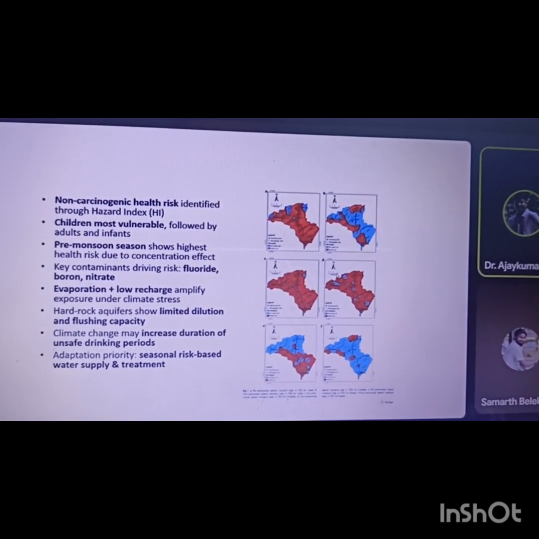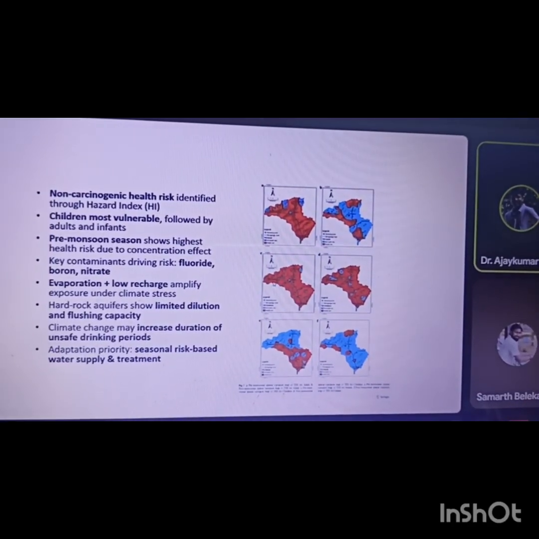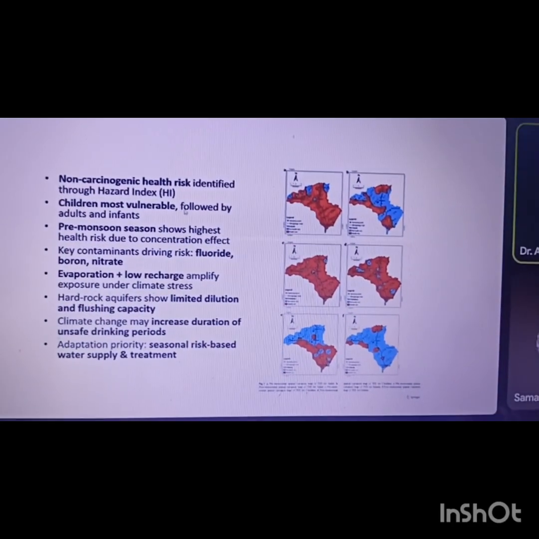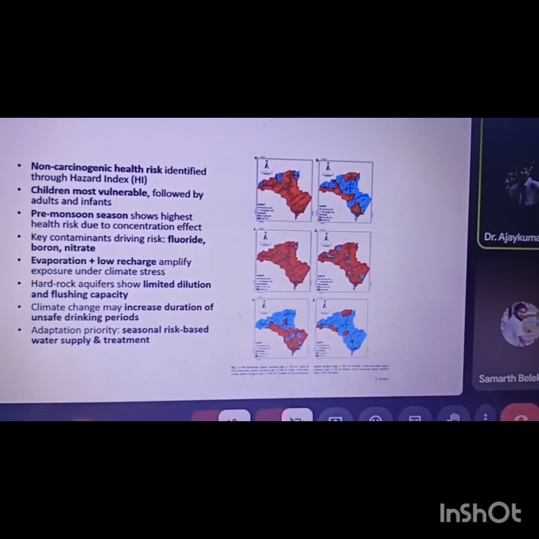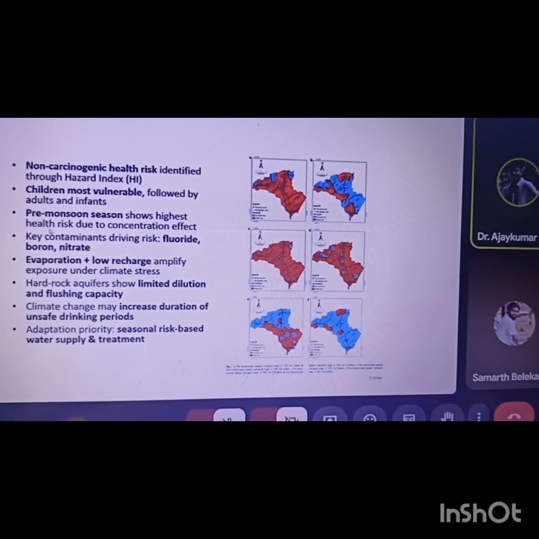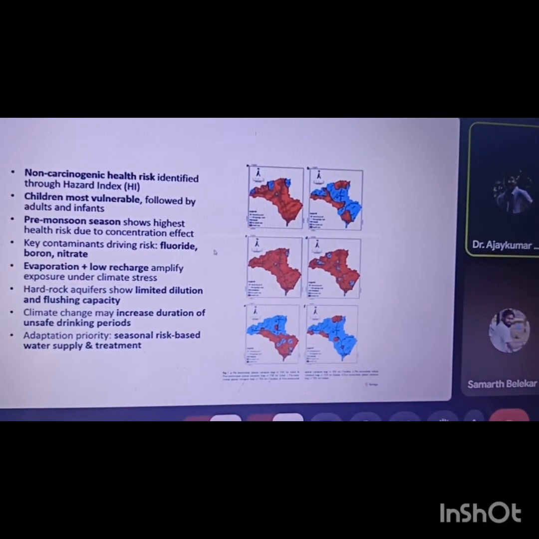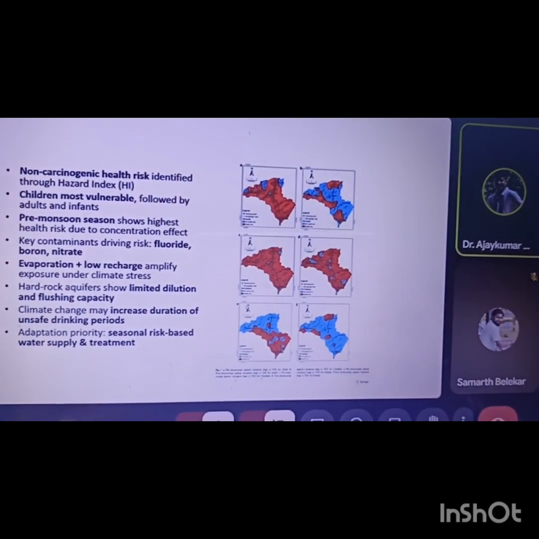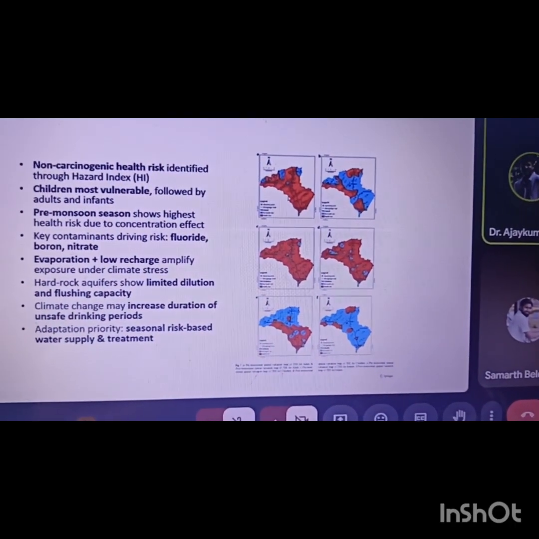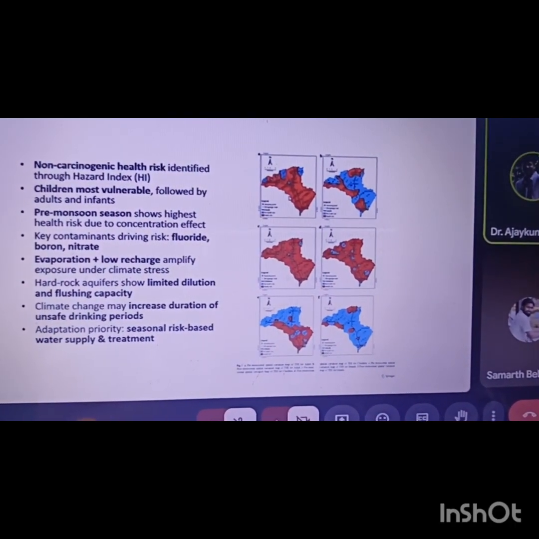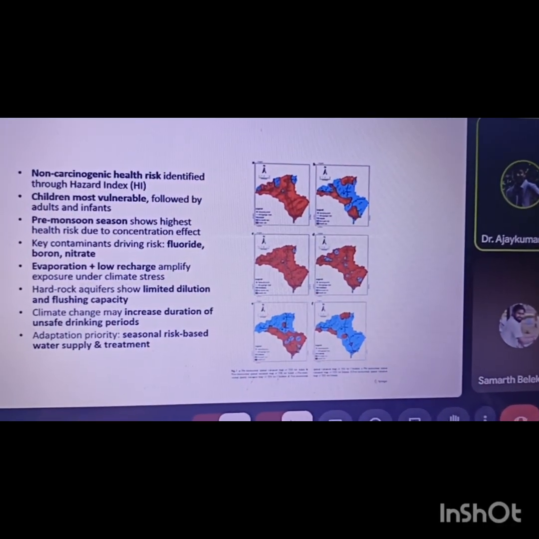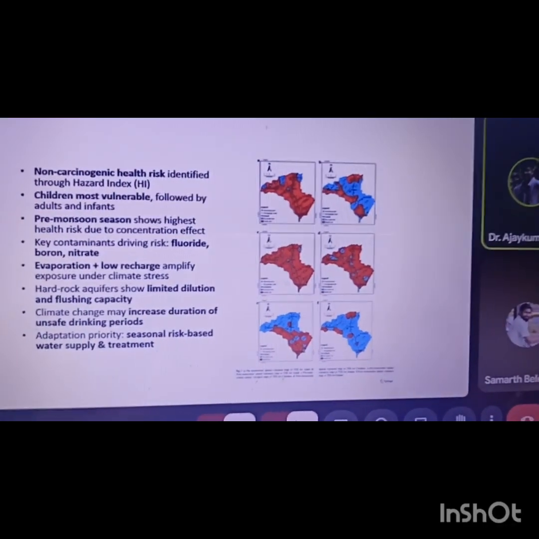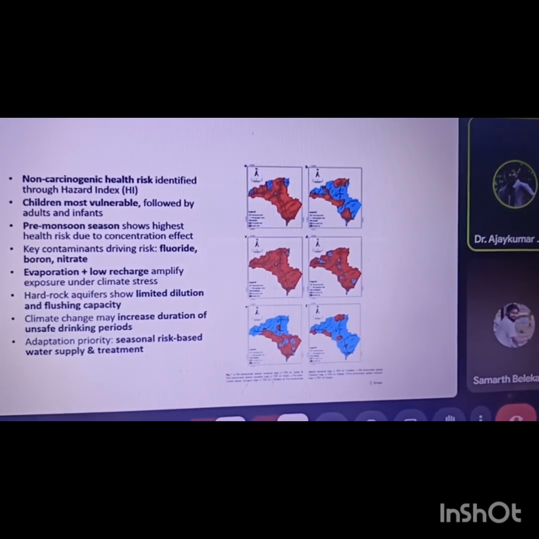So you can easily say that with fluoride contamination, the children are more vulnerable as compared to adults and infants. The pre-monsoon season also shows that the health risk concentration will be higher, because the groundwater gets contaminated and there is a higher residence time of groundwater, so there will be a higher health risk for human beings.